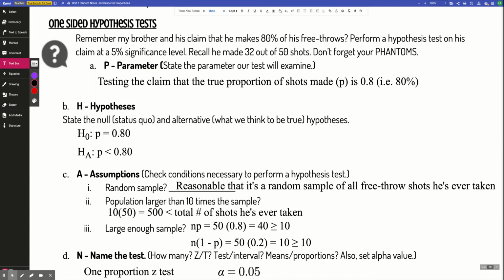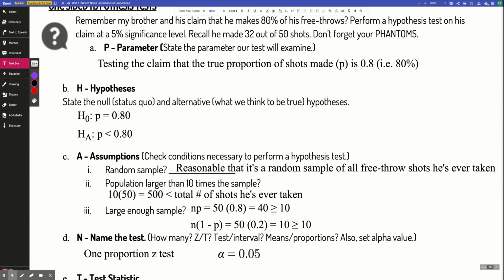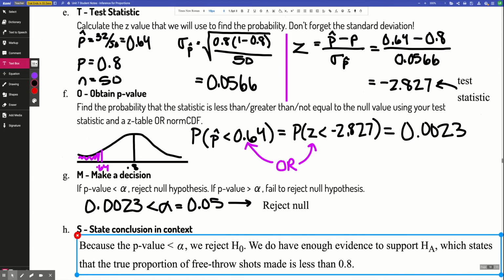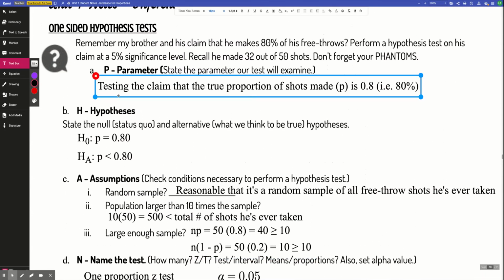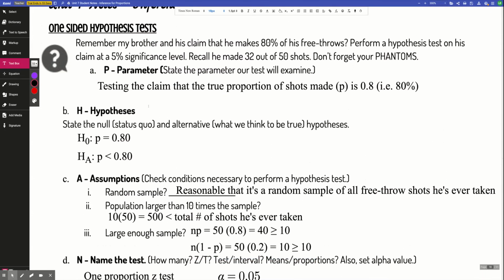When the AP readers grade these, you get points for all of these steps. These free response questions are scored out of 4, so usually they'll split grading these hypothesis test questions into 4 parts.